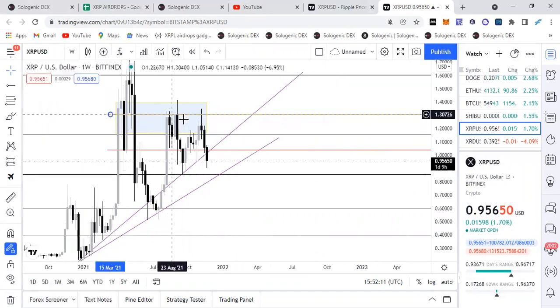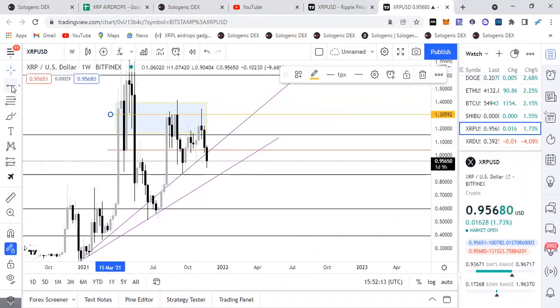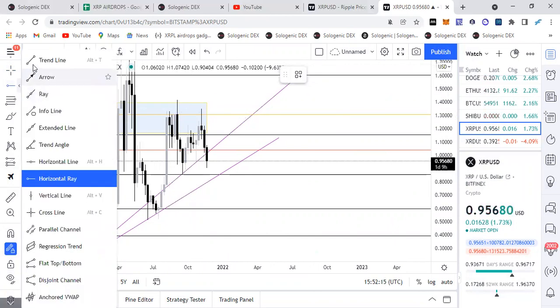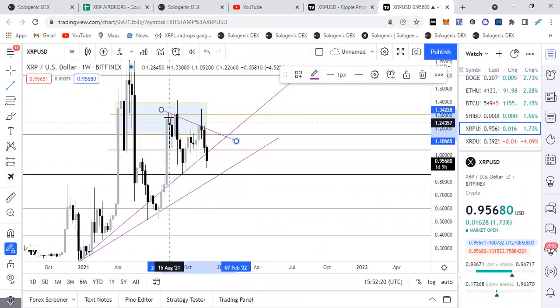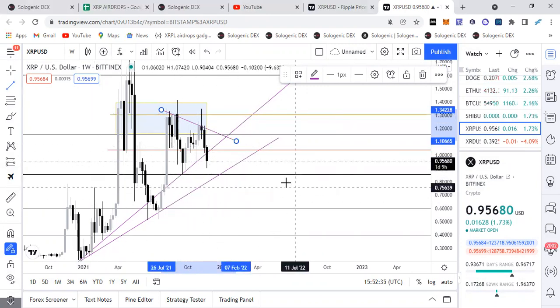See, what's getting me about XRP now, if this was a higher high, I would be ready for a sell off, but it's a lower low, it's a lower high. So what I'm thinking is XRP is just taking a breather. You know how XRP moves.